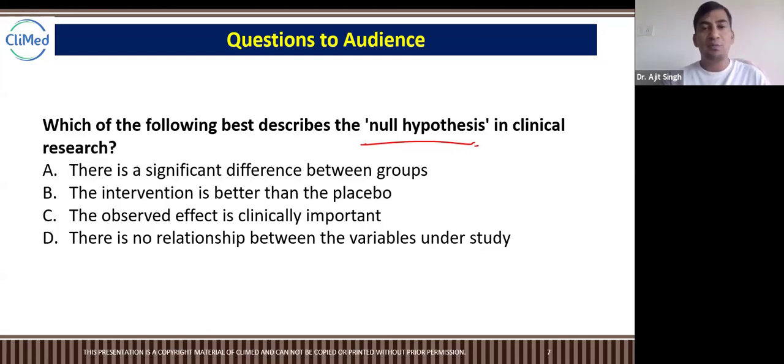So what should be your hypothesis? And what is null hypothesis in this case? Can someone tell me what is null hypothesis in this case? And if we are doing this, which kind of hypothesis are you going to tell?